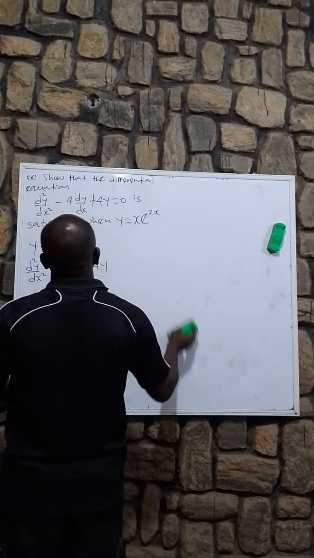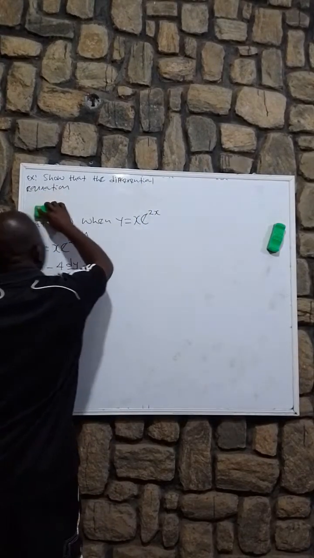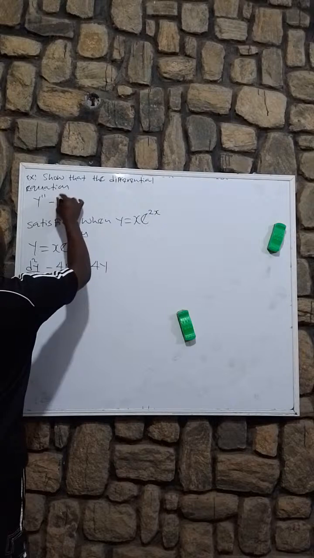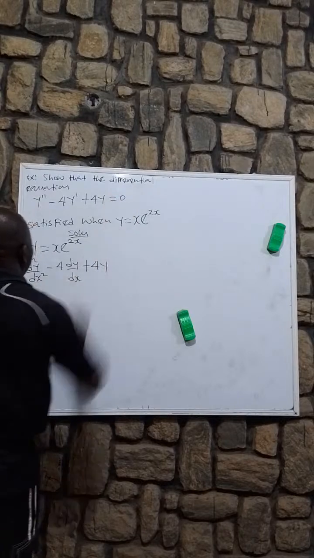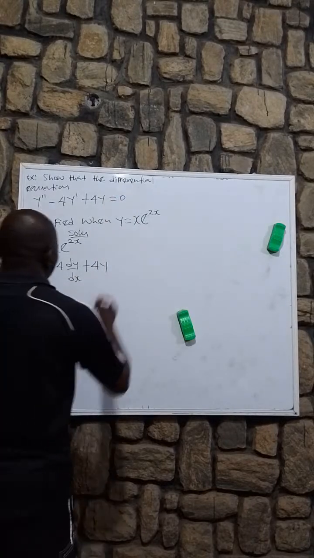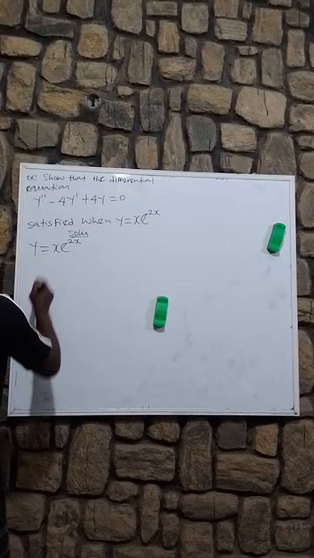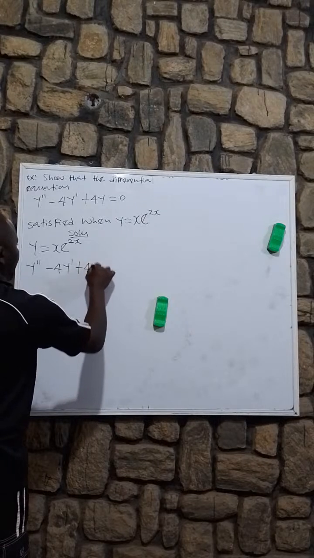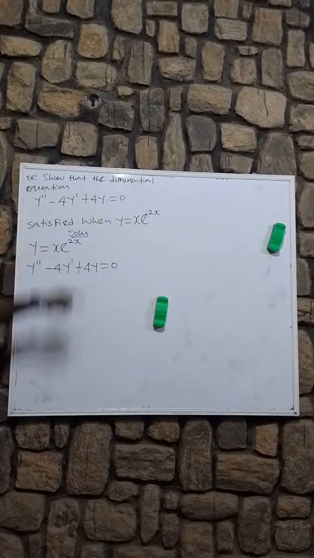Let me write it in this form, so that in case you see it, y double prime minus 4y prime plus 4y equals 0. It's the same thing as this differential equation. Please take note. So what we need to do is differentiate this function twice using the product rule or the direct approach.